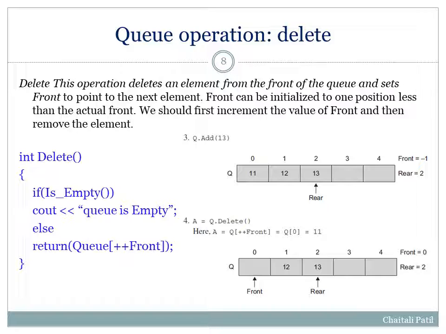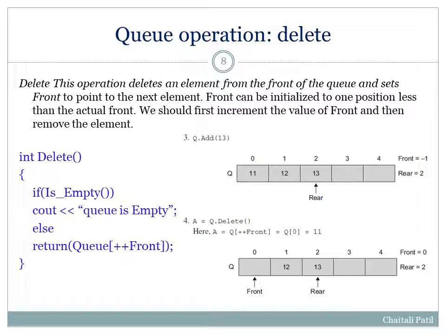The delete operation will delete the element from the front end. In a queue we insert the element from the rear end, so whenever we insert an element in a queue, we increment the rear pointer, and whenever we delete an element from a queue, we increment the front pointer.